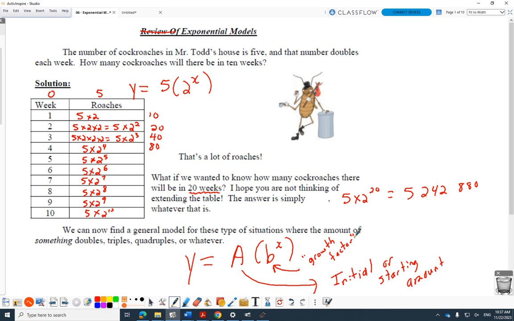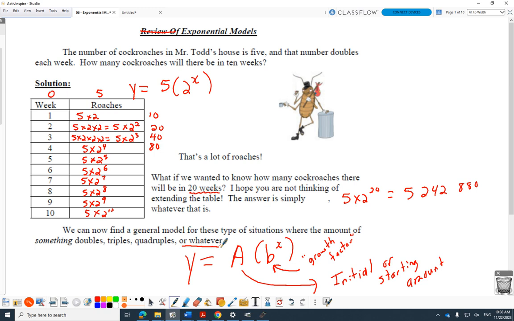But other questions might be a little bit more complicated, and we'll see that in a minute. So we now have a general model right here, y equals ab to the x, for these type of situations where the amount grows, where something doubles, triples, quadruples, and then I wrote or whatever. And the or whatever is what should worry you about this lesson, because there is some little bit of difficulty coming in that growth factor.